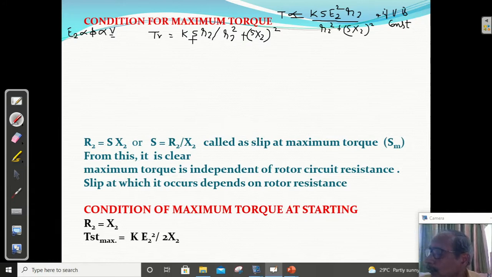Now, if you want to get the maximum torque, what will we do? We will differentiate. I want to maximize the torque, so we will differentiate the torque with respect to the variable term. What is the variable term? Speed or slip. With respect to slip and equal to 0.